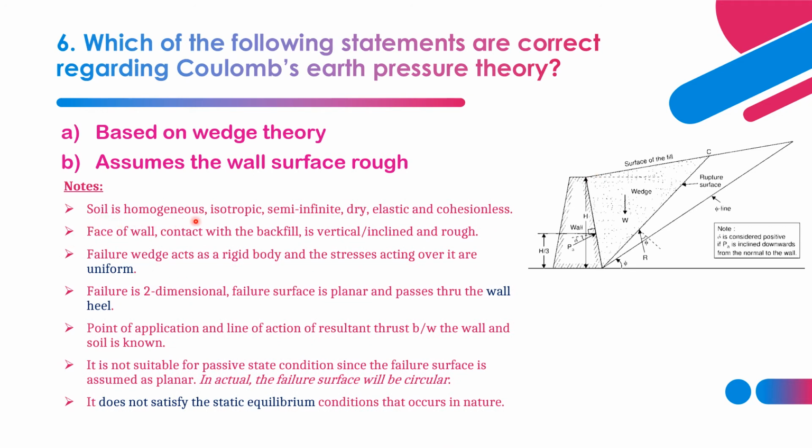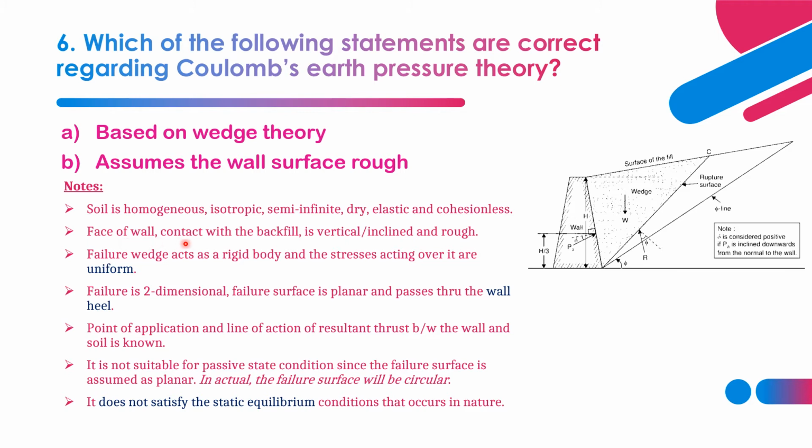Firstly, the soil is homogeneous, isotropic, semi-infinite, dry, elastic, and cohesionless soil. That is, we have to consider only sandy or gravelly soil. There should not be cohesion in that, so that's why cohesionless soil is assumed.